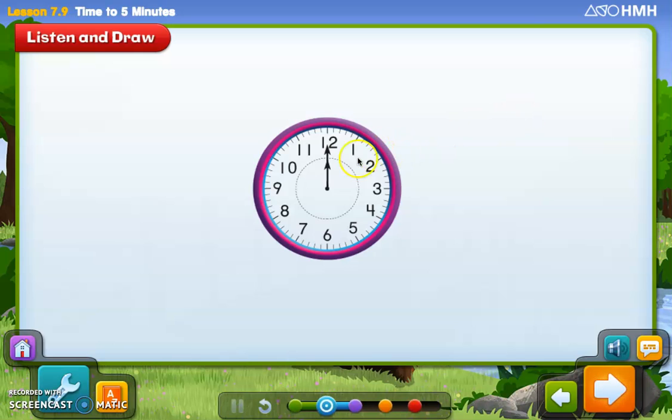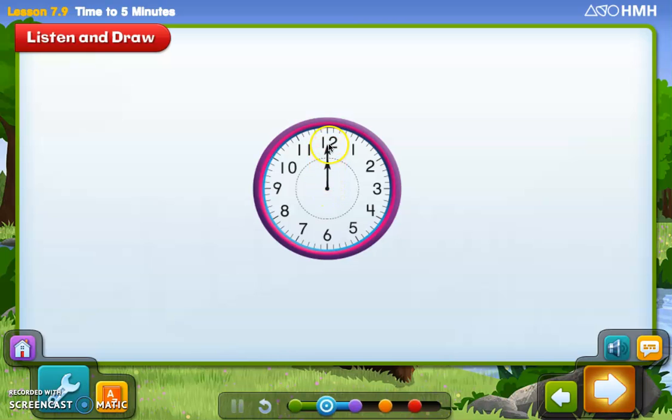So just remember that, the hour hand is the shorter one and the minute hand is the longer one. So if you see a clock that has a dotted circle in the middle of it, the hour hand is the one that only goes to that dotted circle. Okay, and then the minute hand is the longer one, which goes almost to the point where it touches the number. And like she said before, 12 o'clock is tricky because both hands are pointing to the 12.